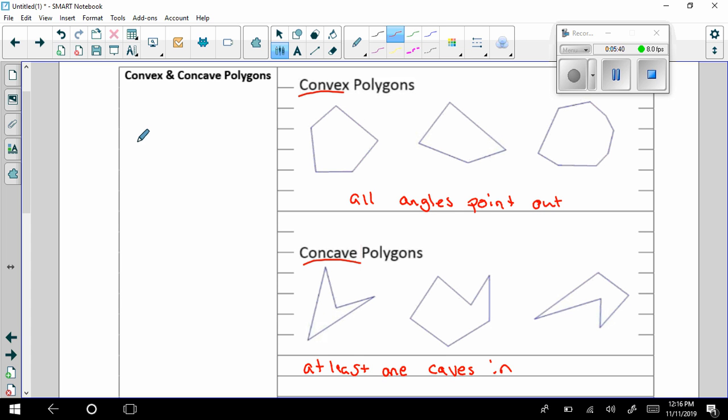All right. Another way to look at it is all the line segments or all the vertices, I spelled that wrong, hold on. All the vertices can connect inside, where here something connects outside.